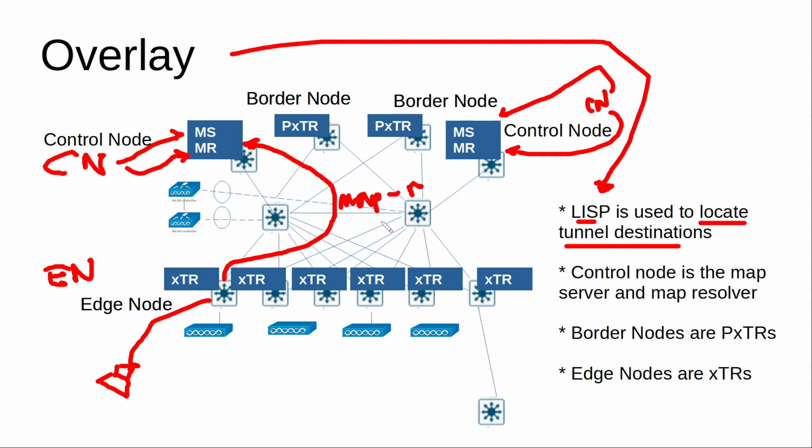With the map register message, we will register this device's EID, which is the IP address of the device, and we will map it to a routing locator, or an RLOC. In this case, the RLOC will be the loopback IP address of the edge node.